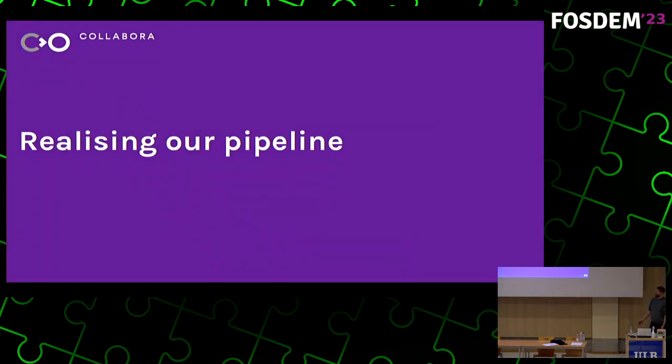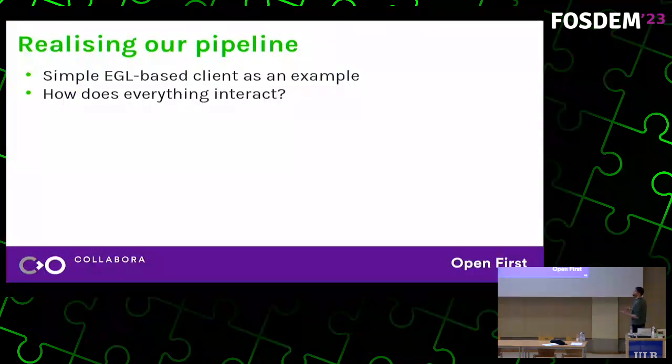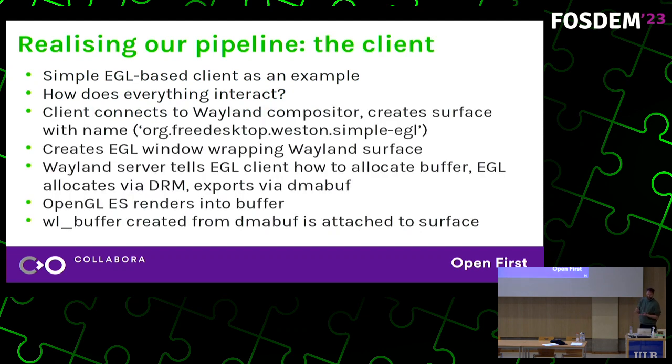So yeah, if we put it all together, because they're all built on the same building blocks, it's largely how you think it is. Well, hopefully, if I've done a decent job at this talk. The client's connecting to the compositor. It's creating a window, declaring some very simple annotations about that.